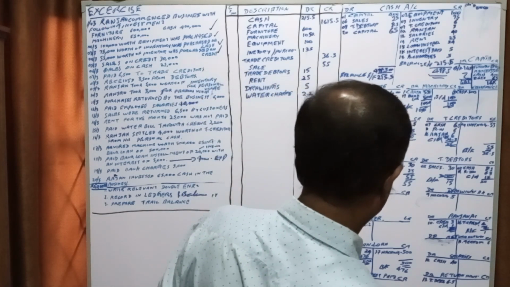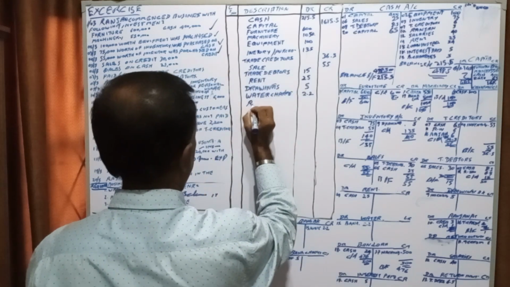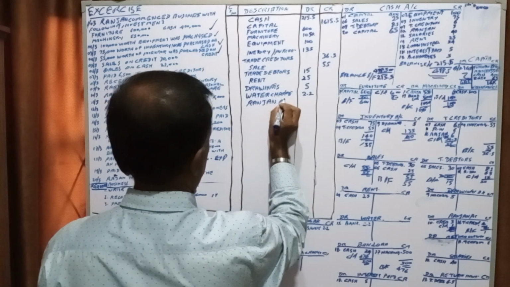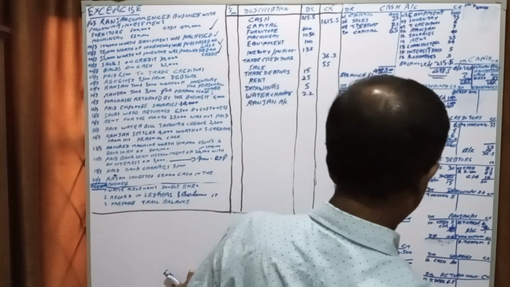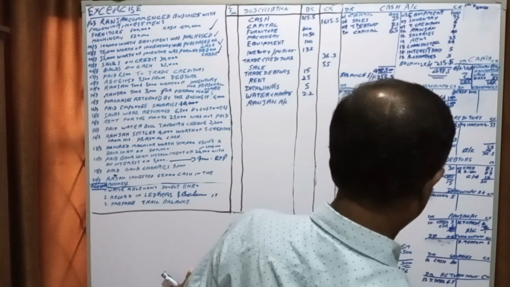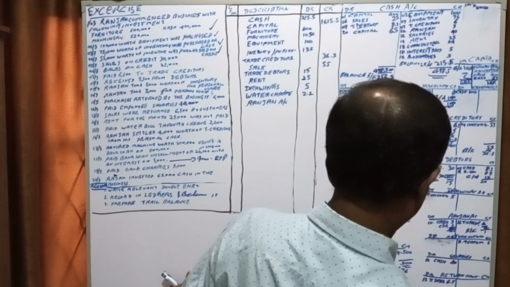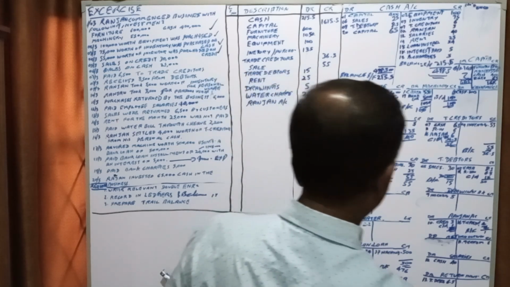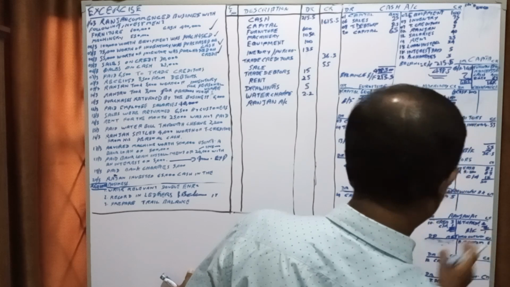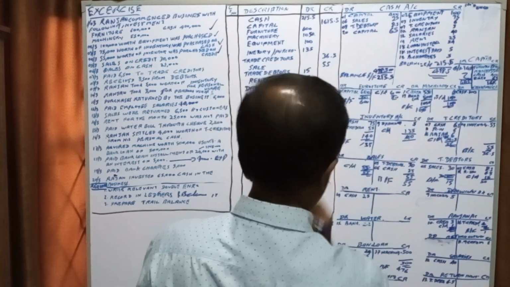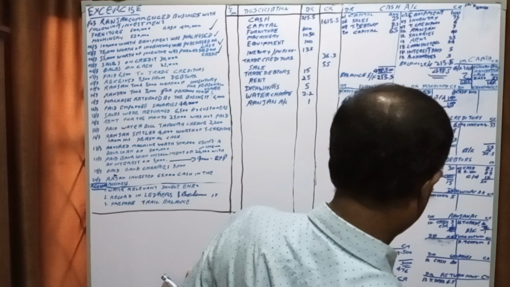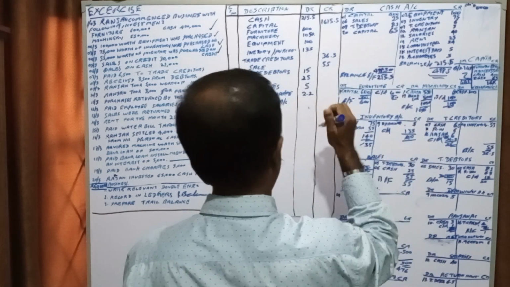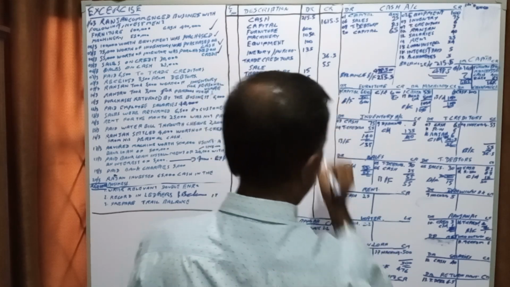And Ranjan account. Ranjan account is 1,000 credit balance.